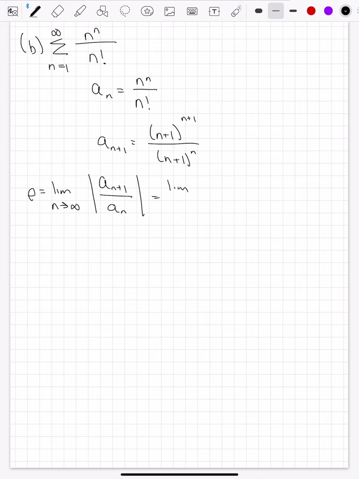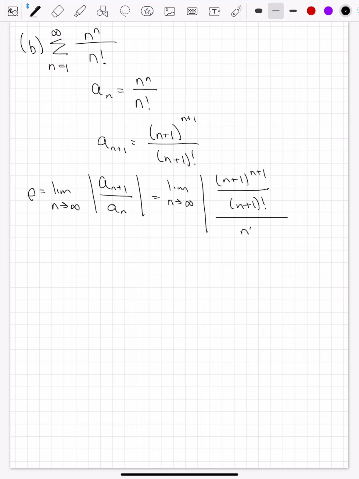So that becomes the limit as n approaches infinity of the absolute value of, first we put in our a_(n+1), which we got was n plus 1 to the n plus 1 over, oops, this should be n plus 1 factorial. So bad at multitasking, like talking and writing.